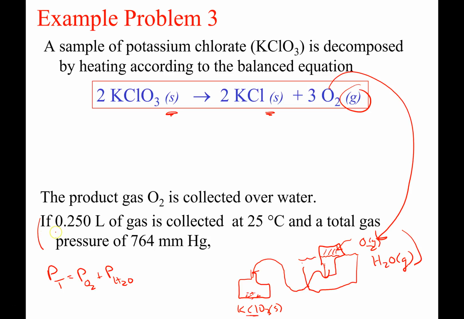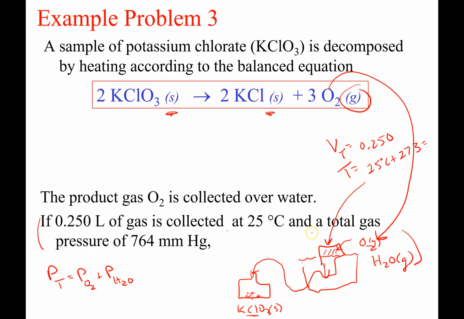It says if 0.250 liters of gas is collected, so down here, right there, the volume total is 0.250 liters. And the temperature that the gas is collected is 25 degrees Celsius. You guys are probably getting pretty good at adding 273 or 273.15 to that to get the units of Kelvin.